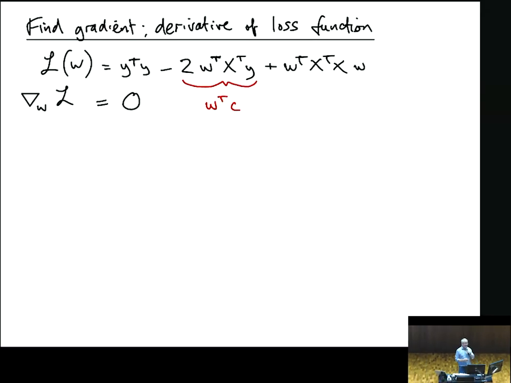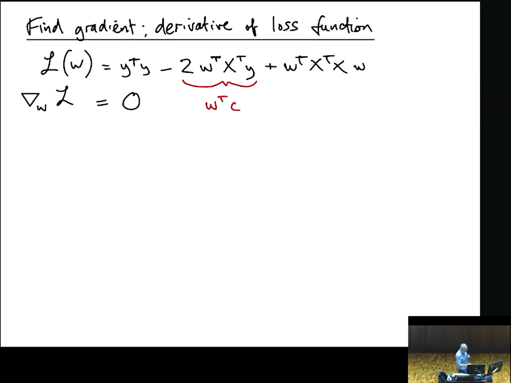Let's just imagine for a second that W is a scalar. Forget that W transpose is a vector. If you were taking a derivative just with scalars, what would happen? You've got W times a constant, you take the derivative with respect to W, what do you get? Constant, yeah, exactly.